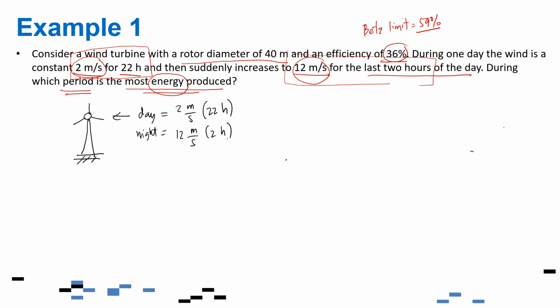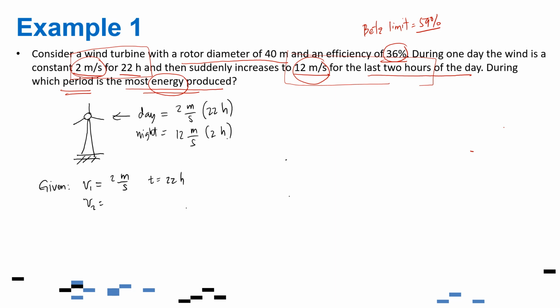So what are the givens here? The first given, as I showed in the schematic already, is V1, the first velocity, which is 2 meters per second. Time duration is 22 hours.